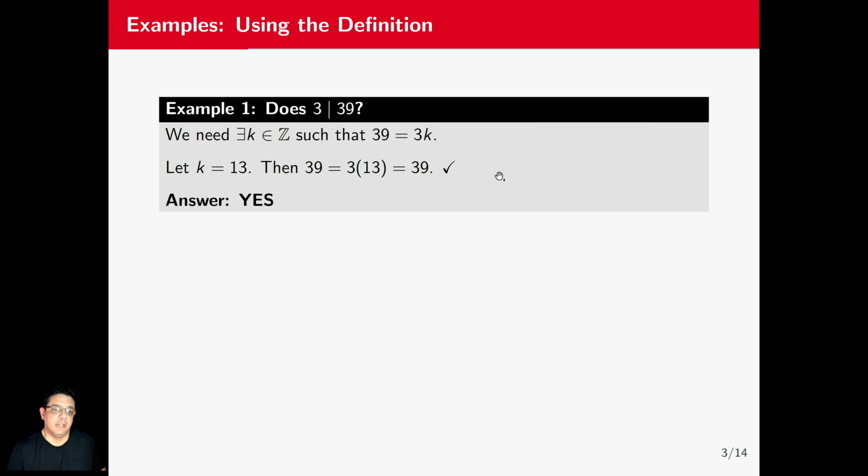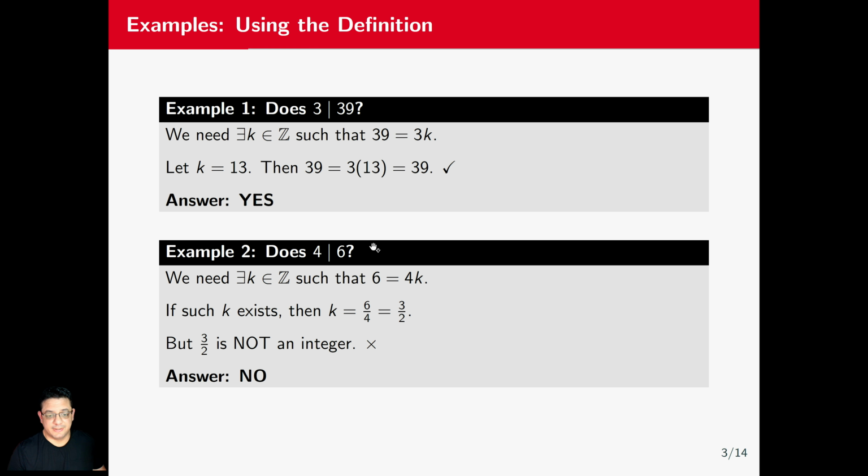Now, one question here, does 3 divide 39? Well, we will need an integer so that 39 can be represented as 3 times k. Can we solve for that? Yes. Actually, the integer 13 is going to work out, and then we have that 39 can be represented as 3 times 13, and we confirm the divisibility of 39 by 3.